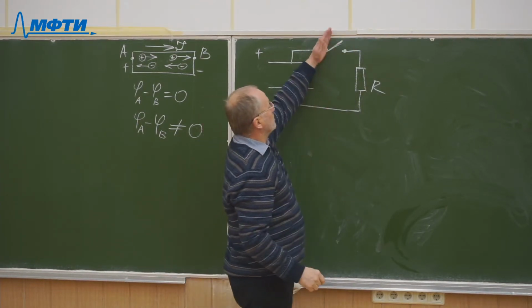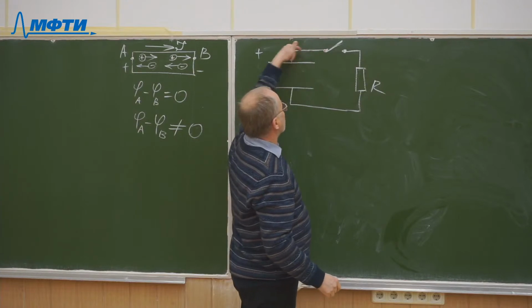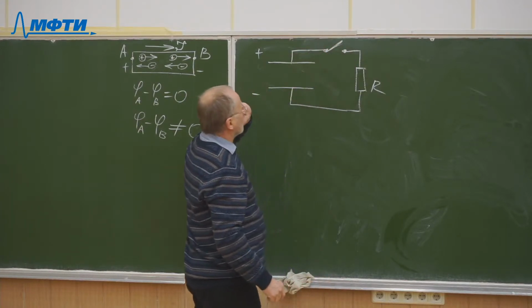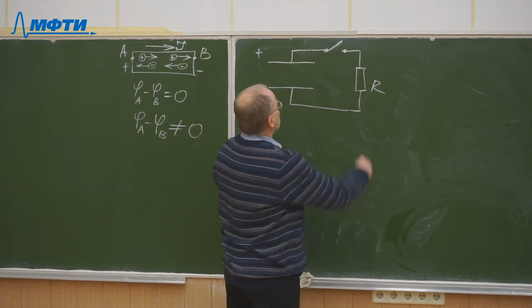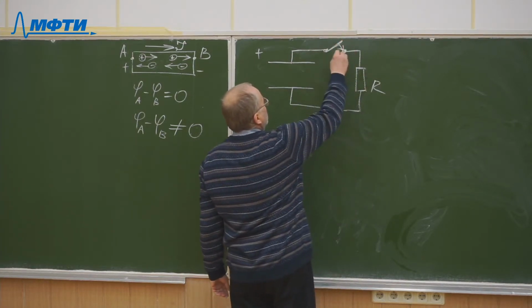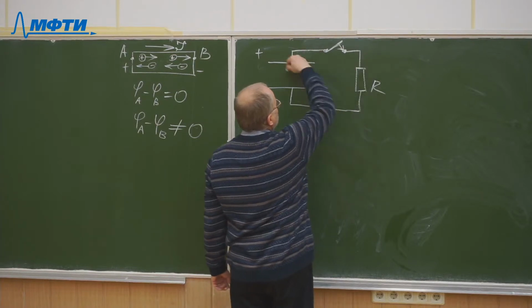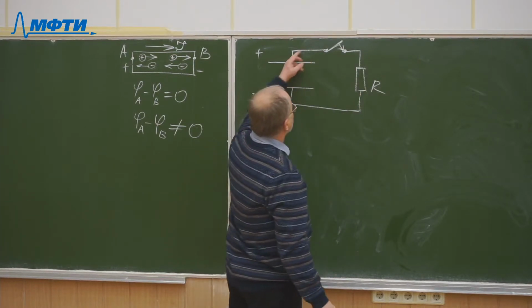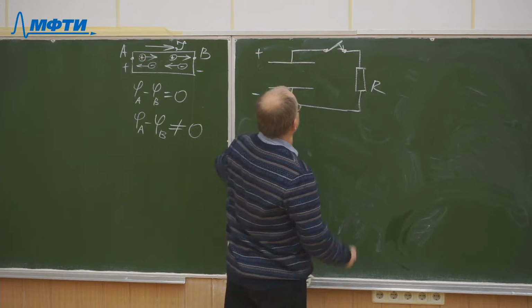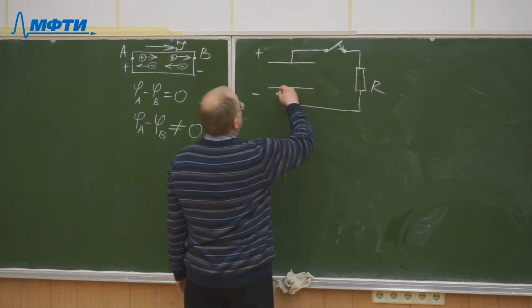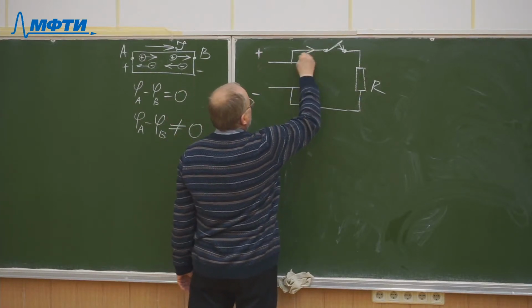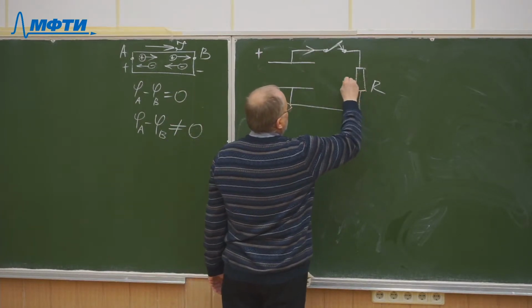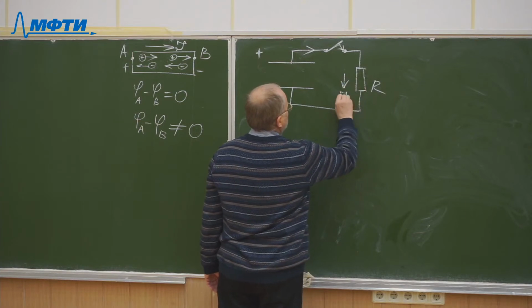If the switch is open, it means that the wire is broken and no current can flow through this wire. If we close the switch, then there is a contact and the wire becomes a continuous conductor, and the current may flow through this wire. We know that the current will flow from positive potential to negative potential, so the current here will flow in this direction.